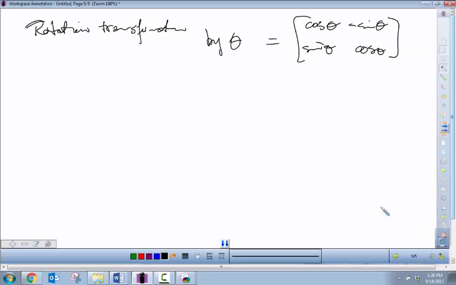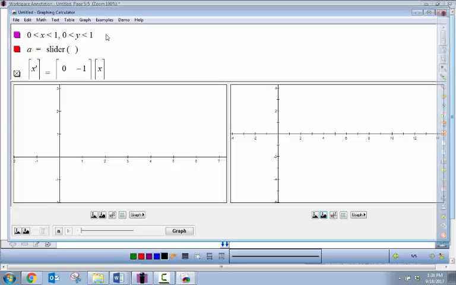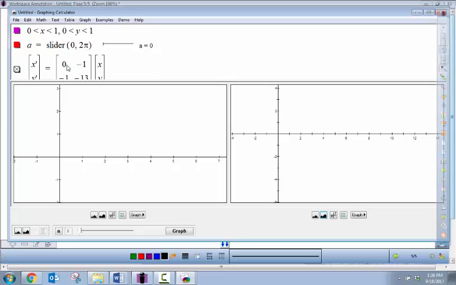And it's kind of cool because you can actually see it rotate. And then if we let A equal slider. Let's see if it's actually right.